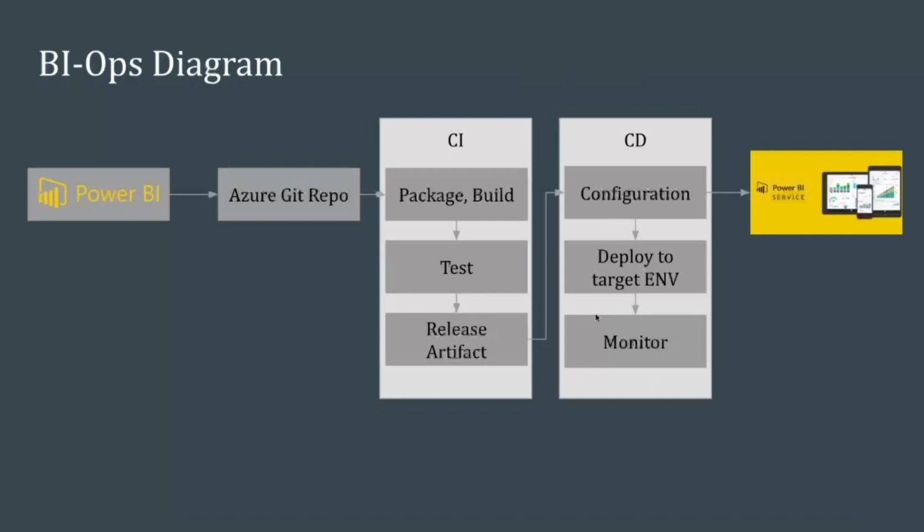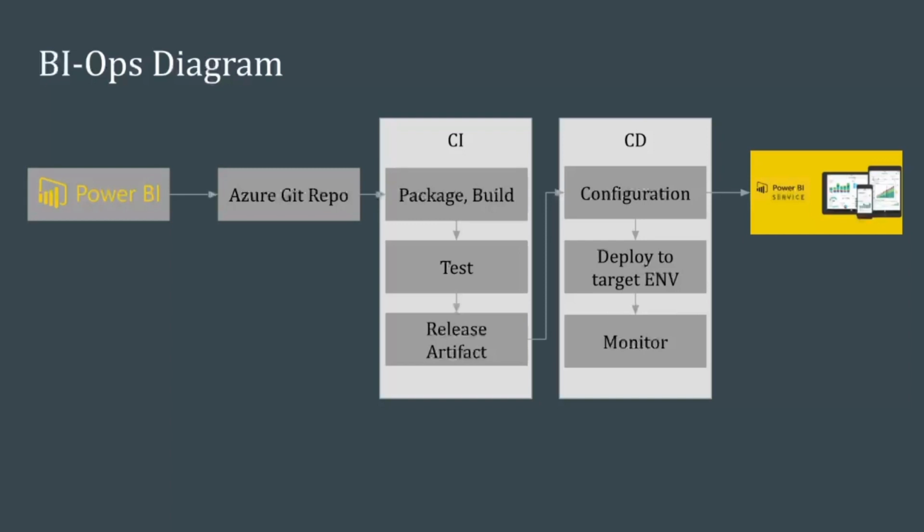So, jumping into detail on how we can deploy the Power BI files, I will show you the BI DevOps, BI Ops diagram. For example, we have the Power BI file here, and the developer will develop a Power BI file on a local machine. Then we put it into the Git repo, the Azure Git repo. We go through the CI. We need to package the Power BI file into a zip file, build, and compress the Power BI file.